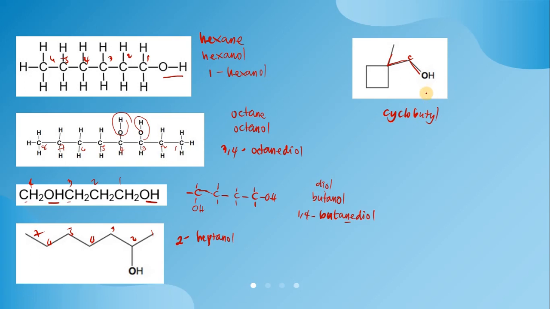Your cyclobutyl is connected with a methyl. So simply, you can name it methyl cyclobutyl. So this special name, methyl cyclobutyl, is connected at only one position, at carbon 1. 1-methylcyclobutyl methanol. Or you can have it as one word.